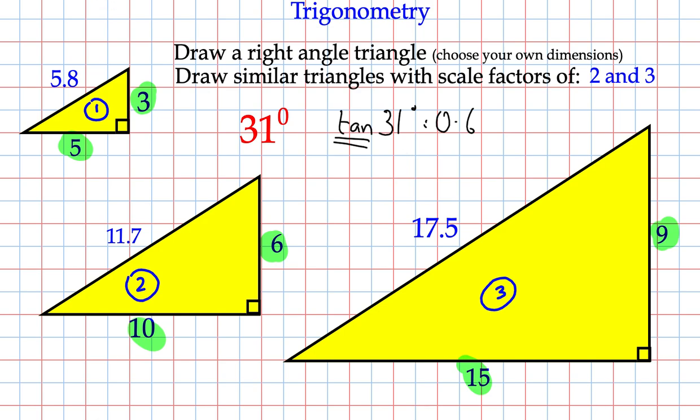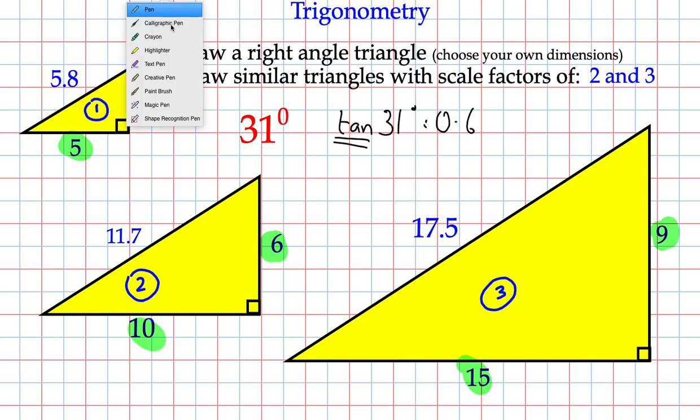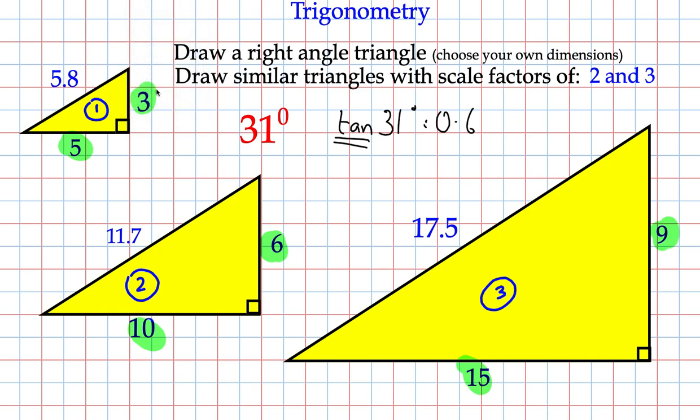But the interesting thing is that you can make a ratio of any two sides, not just the opposite and the adjacent. So let's have a look at one of the other ones. If I take the opposite side, which is the 3, and the hypotenuse, which is 5.8, and do 3 divided by 5.8, I'm going to get a different answer to 0.6.